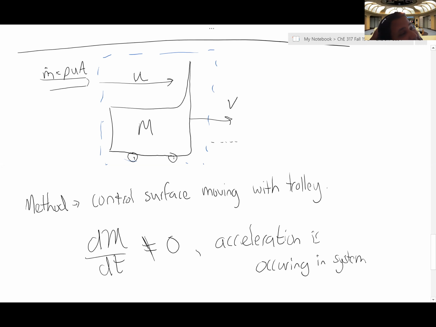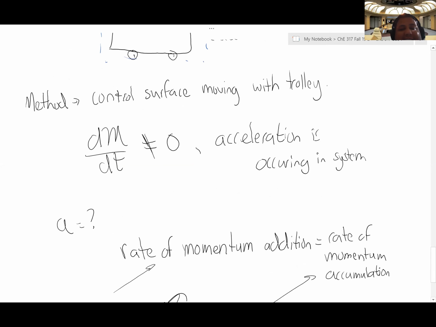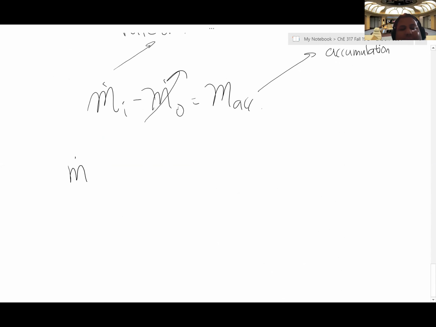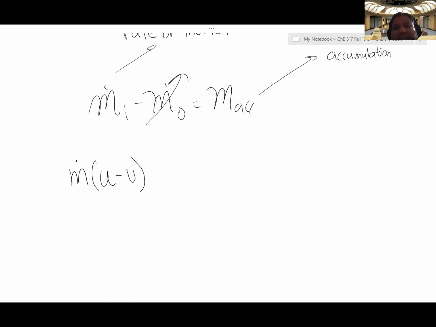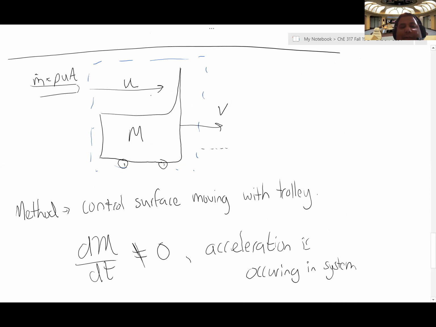So this is where it gets tricky. It would be velocity u if the trolley wasn't moving. But since the trolley is moving, we would actually be looking at the difference between u minus v. Because if u and v were equal, if the jet was moving just as fast as the trolley, it wouldn't be able to essentially get into the system, right?